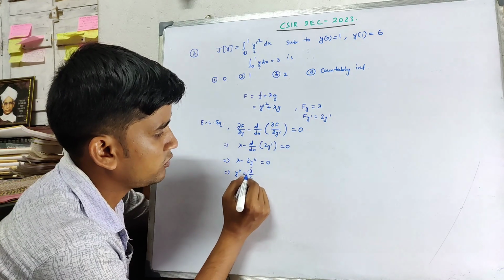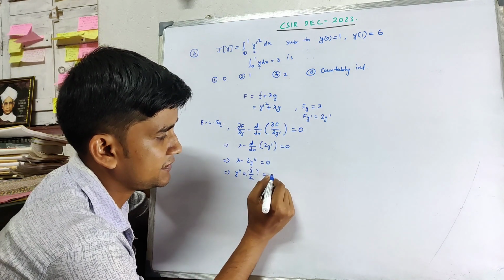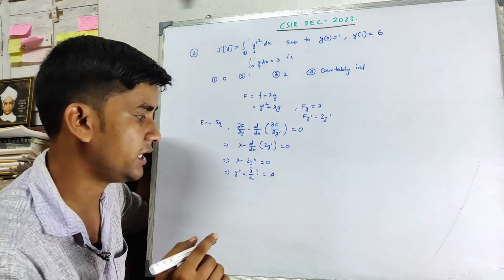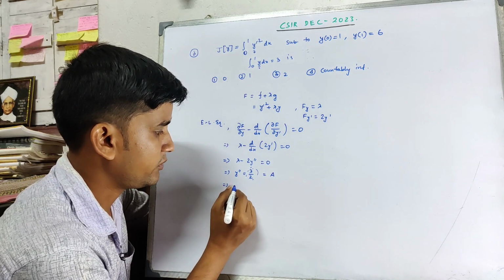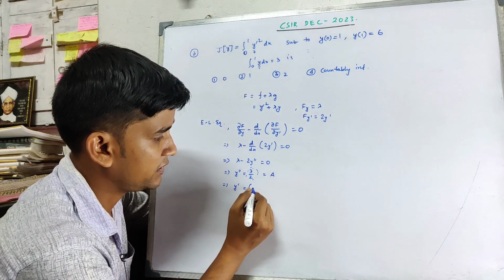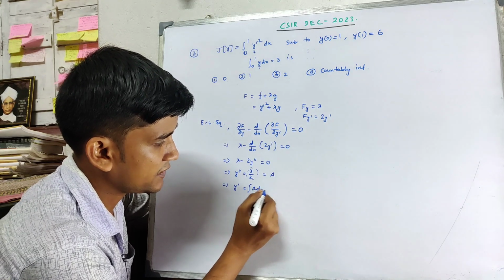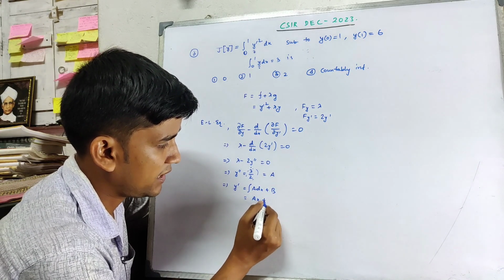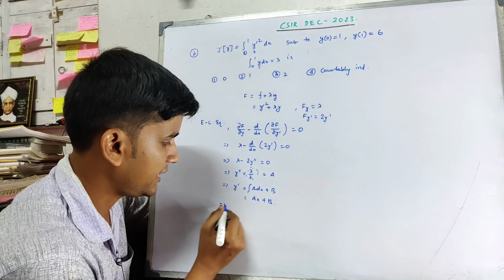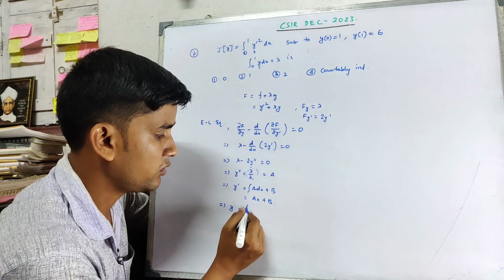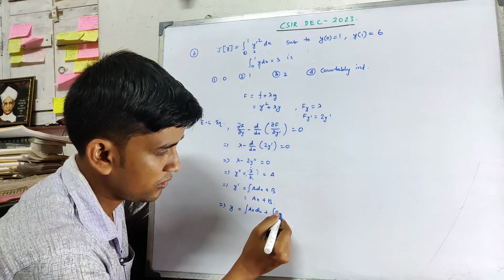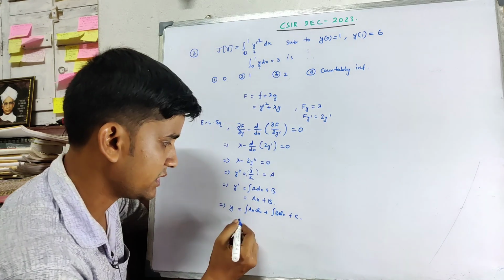Now since lambda by 2 is a constant, we can take it as a, because lambda is just a constant, nothing else. So y dash is the integration of a dx plus b, which is ax plus b. If we integrate again, we get y equal to the integral of ax dx plus the integral of b dx plus one constant c.